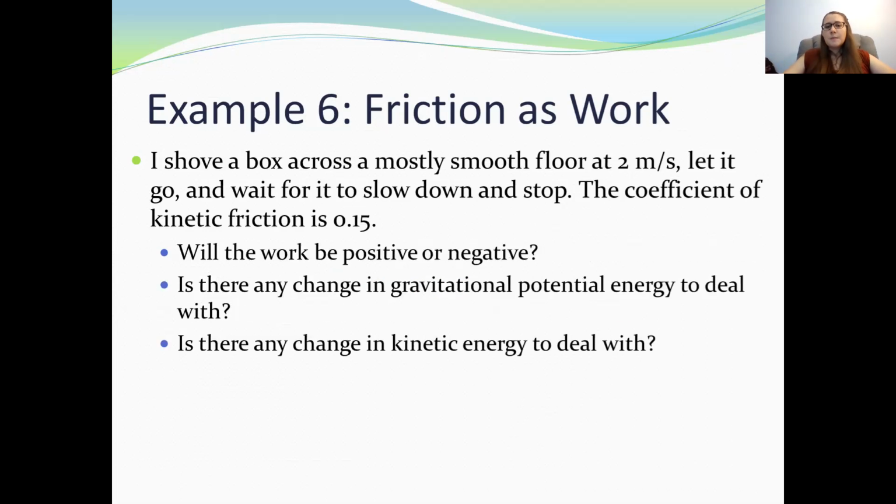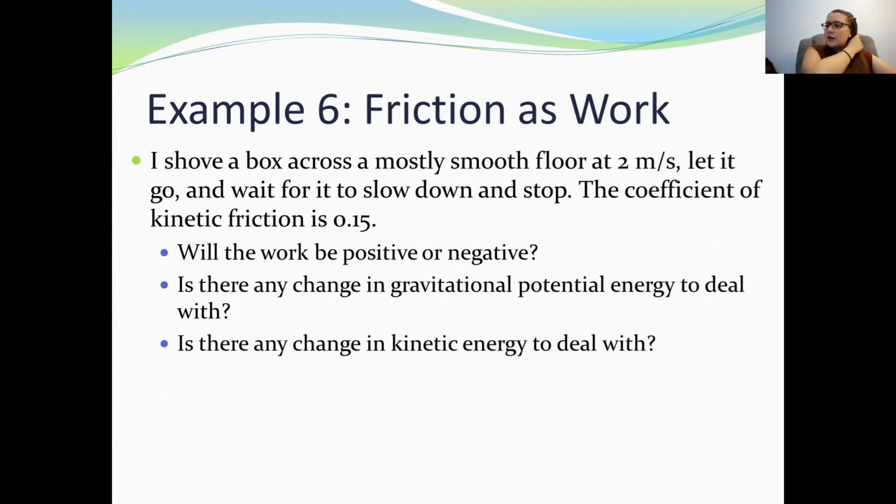So will this work be positive or negative? We know it's not 0, so it's either positive or negative. Is there any change in gravitational potential energy to deal with in this scenario? And is there any change in kinetic energy to deal with? Well, let's think about what friction does in any system, right? Friction opposes motion. And so it's acting to slow down the motion of this box, right?